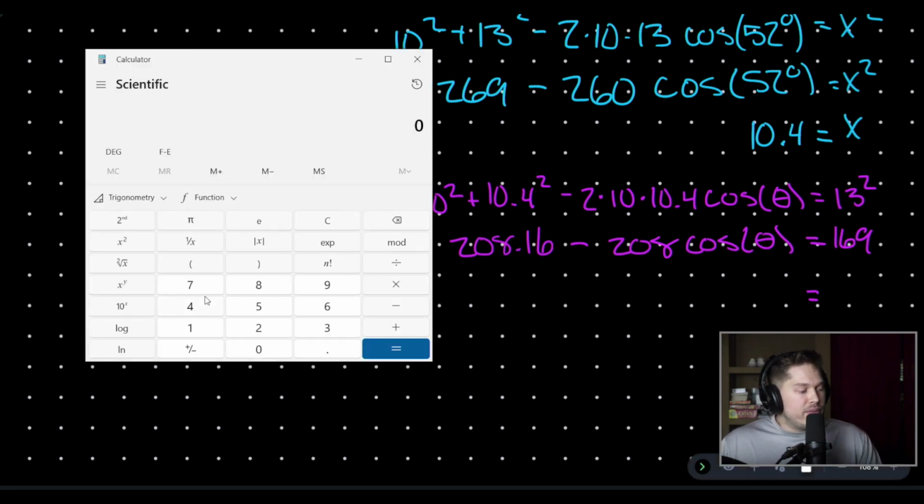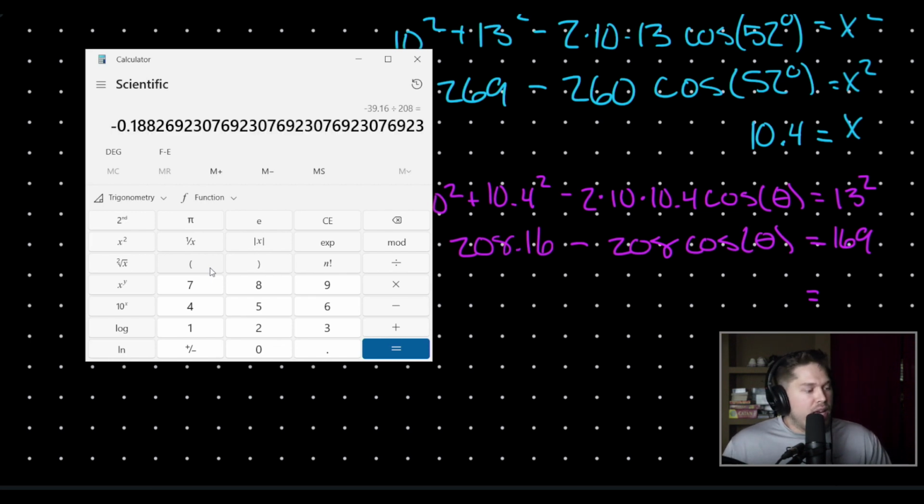And when we do that, what do we get? We get 169 minus 208.16 is negative 39.16. And then we want to divide by negative 208. And of course it's negative, so it will become positive. And so this is going to be a positive 0.188.